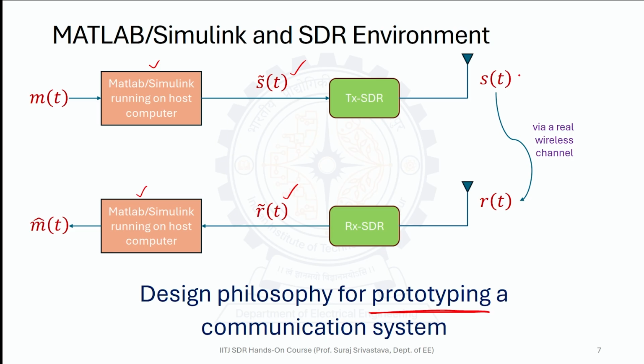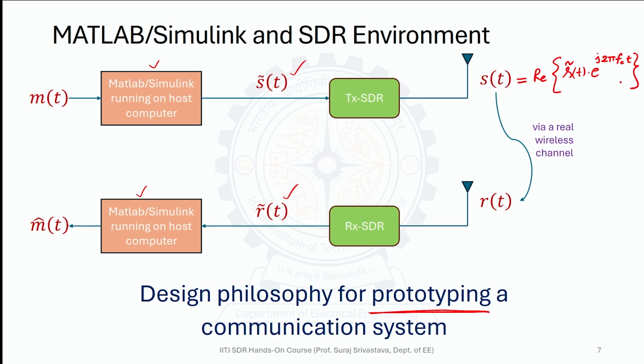ST is basically the real part of S tilde t times a complex carrier e raised to the power j 2 pi fct. So essentially this is the operation which is performed by the Tx SDR. And you see that this operation does not depend on the modulation scheme.